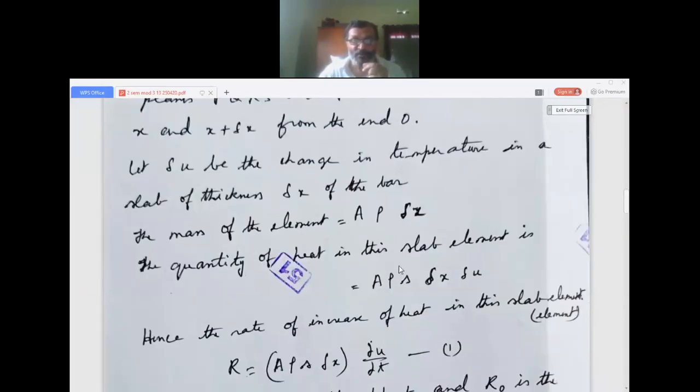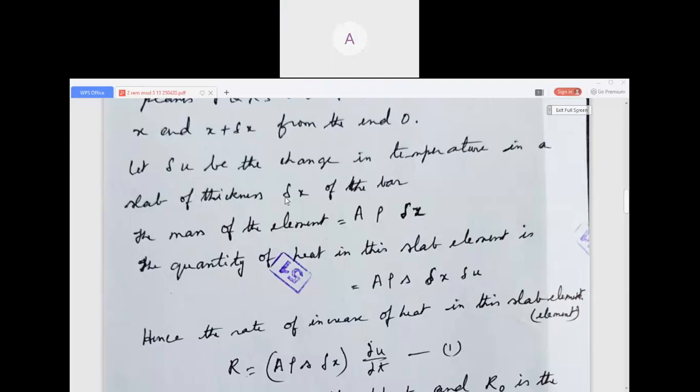The quantity of heat in this slab element is A into rho into S, where S is the specific heat, into delta x into delta U, where delta U is the small change in temperature. You have seen here the change in temperature in the slab of thickness delta x.